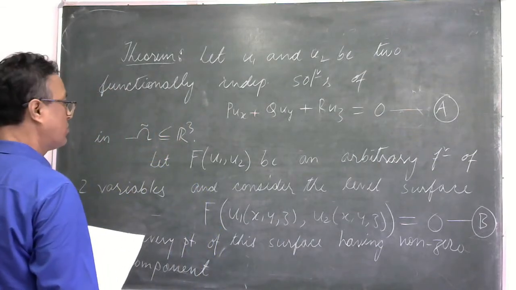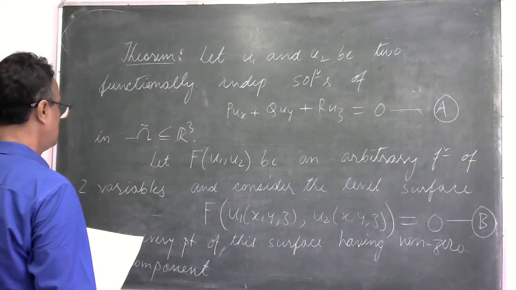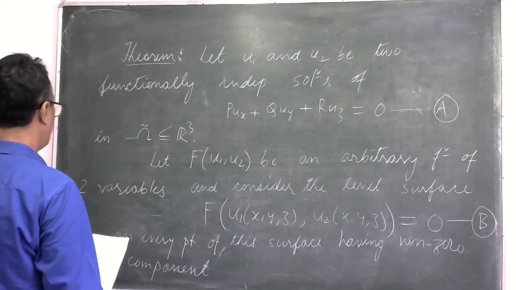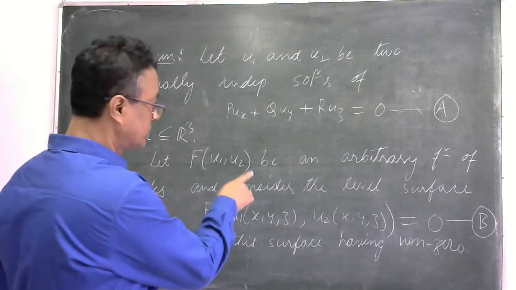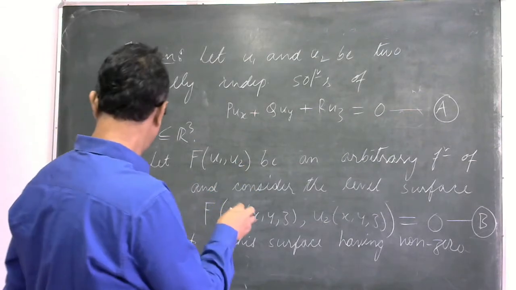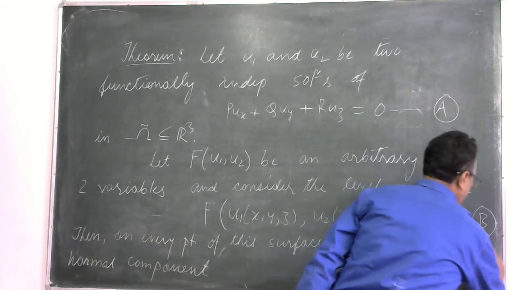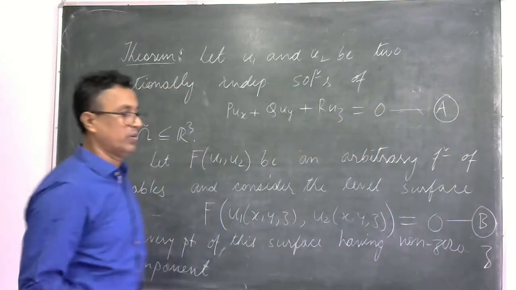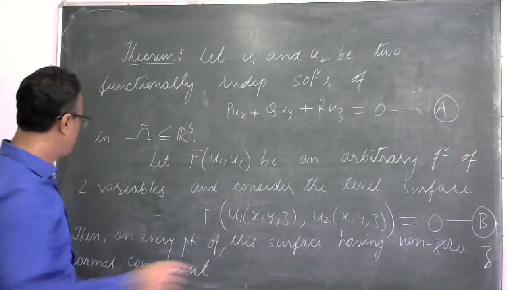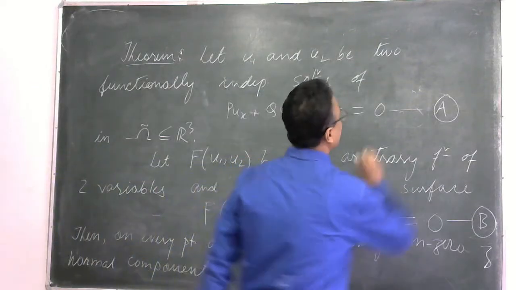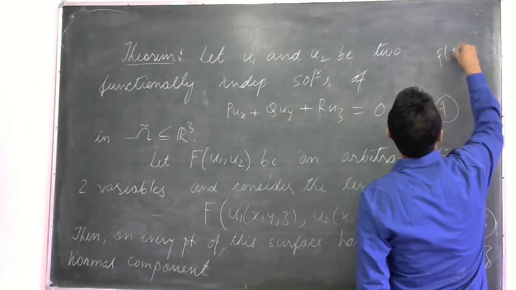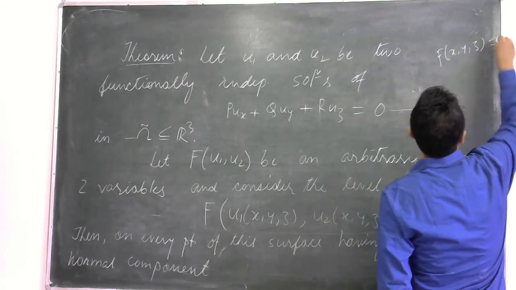Non-zero normal component means, just a minute. Basically, this is having non-zero Z normal component. Is it okay? Because what is going to happen? Suppose this one, I call it, say, something like f of x, y, z equal to 0.